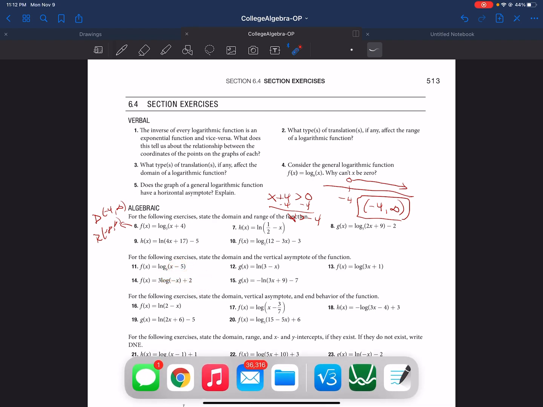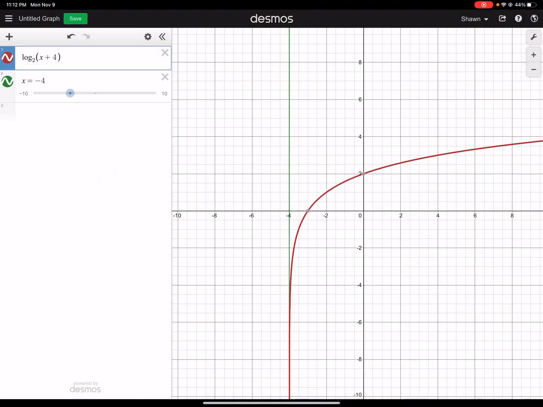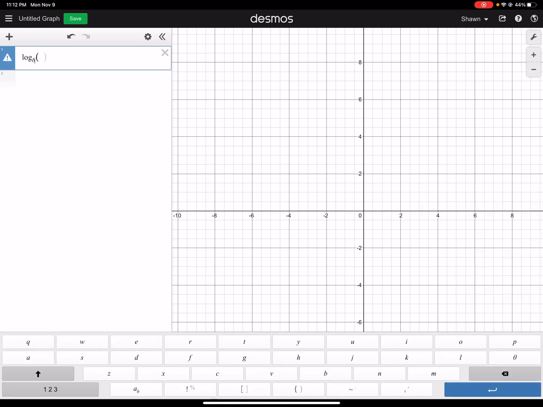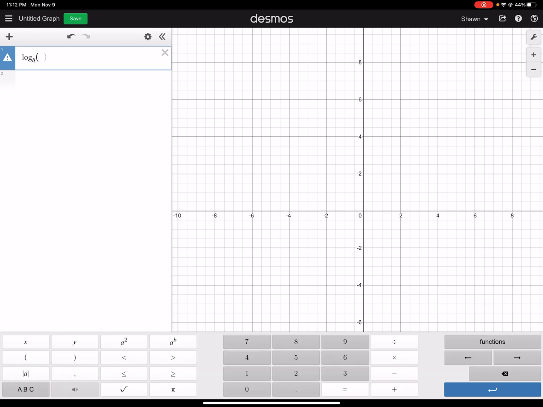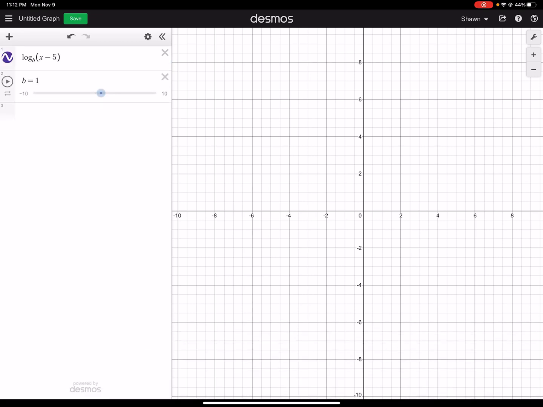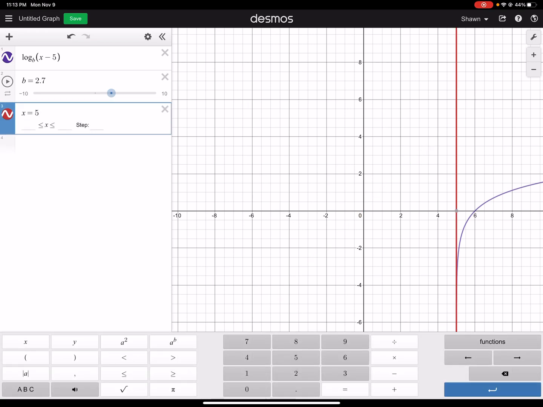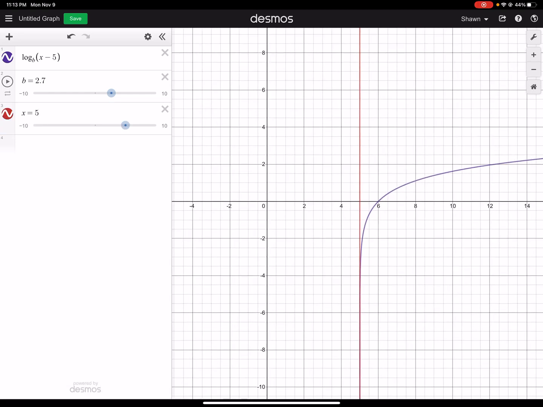If you look on the graph, we have log b of x minus 5. So let's keep it accurate. Let's say log b of x minus 5. Add a slider for b. And if I say x equals 5, the vertical line in red is at x equals 5.